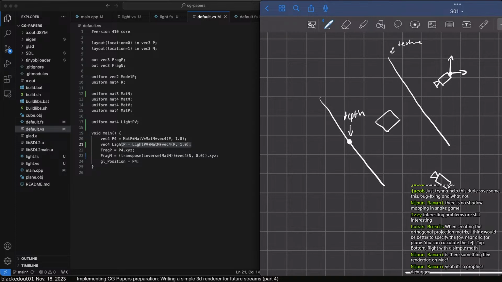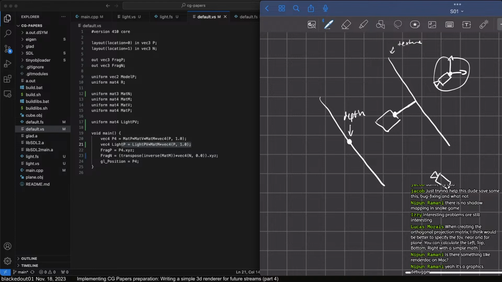And because we know what's the nearest depth from this perspective, because we just rendered this, we know that the closest visible point from the light's perspective is this point here.